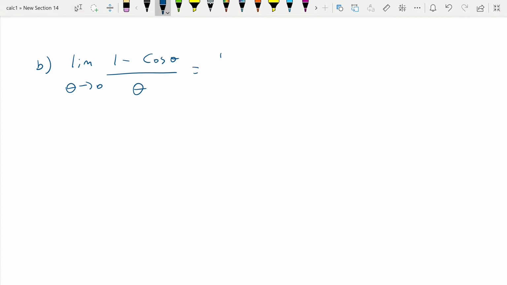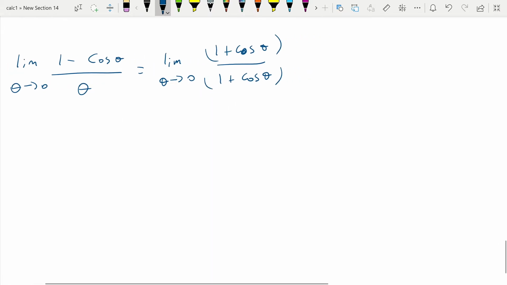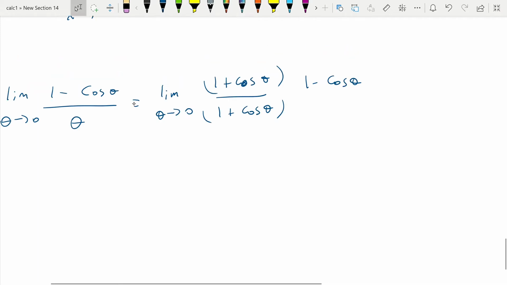So this is the same as the limit as theta approaches 0 of 1 plus cosine of theta divided by 1 plus cosine of theta. We're going to do something that we've been doing when dealing with quotients in the past. We multiply by the conjugate, and we have the same thing at the bottom.